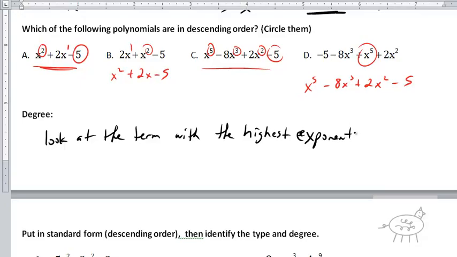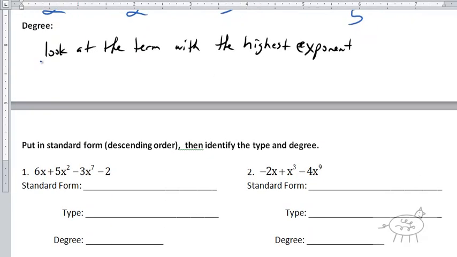All right, so going back to these problems I just did here. The degree for letter A is degree 2. The degree for this one is also degree 2. The degree for C is degree 5. The degree for D is also 5. Okay, because of this 5 right here and this 2 here. So that's what it means by degree.